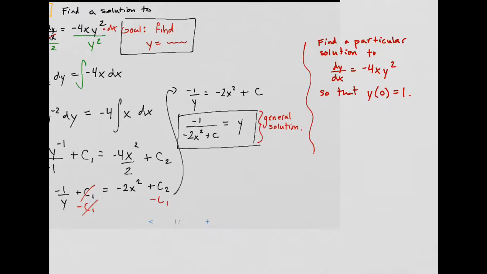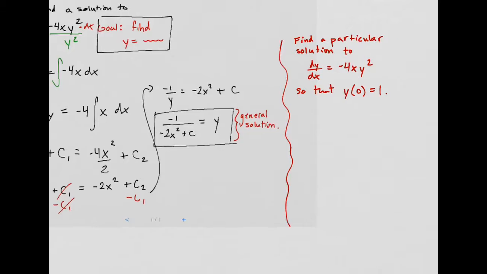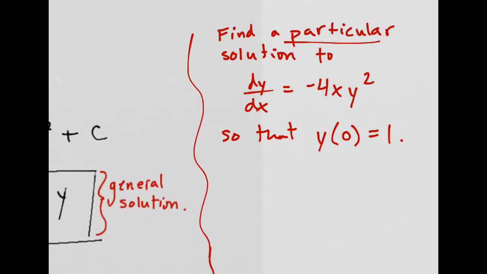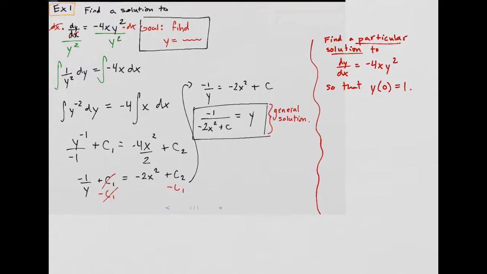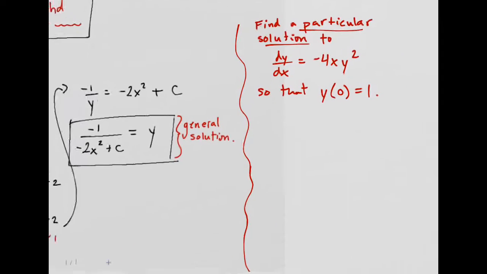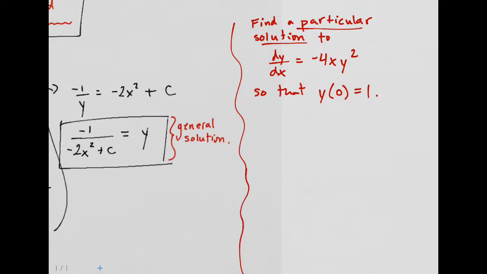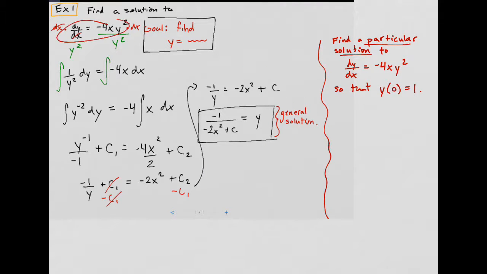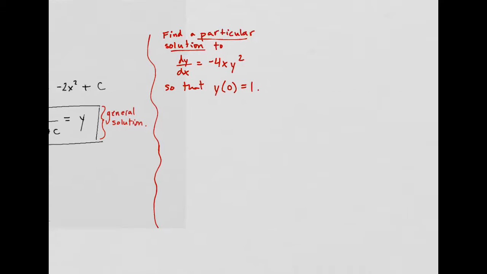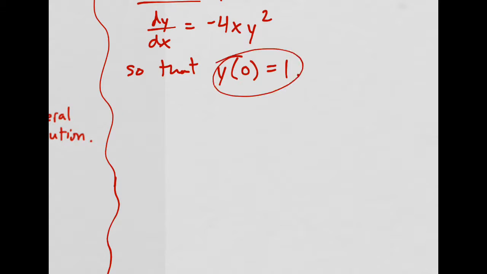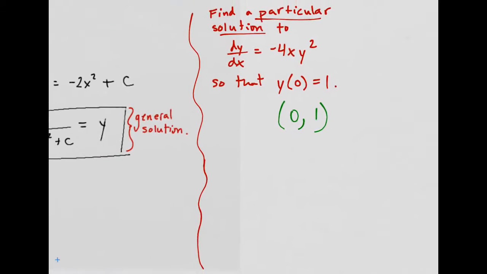So the add-on to this is find a particular solution, that's a vocab word, to the same differential equation as we had there. Find a particular solution so that y of 0 equals 1. That just means on this graph, wherever it is, it passes through 0 for the x value and 1 for the y value.